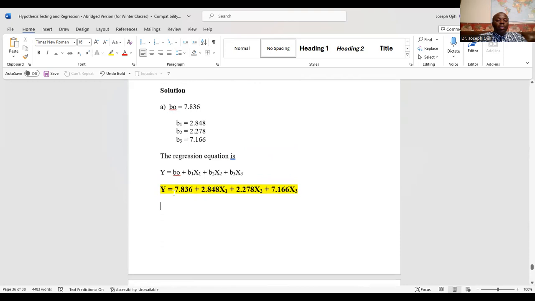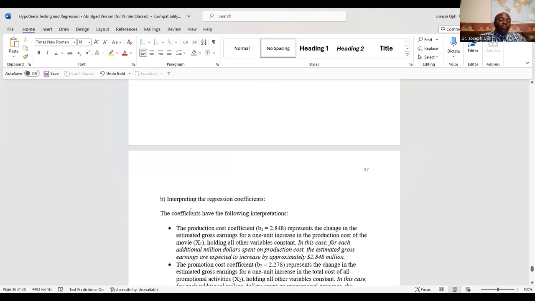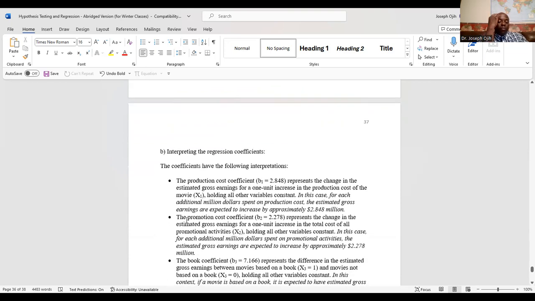Then B2 is the promotion cost, and the promotion coefficient is 2.278. The promotion coefficient of 2.278 represents the change in the estimated gross earnings for a 1 unit increase in the total cost of all promotional activities, holding all other variables constant.